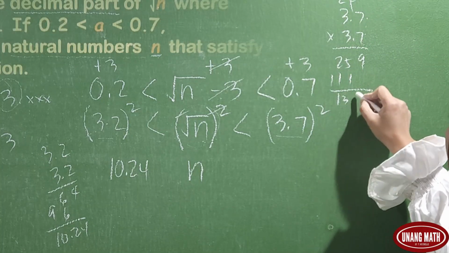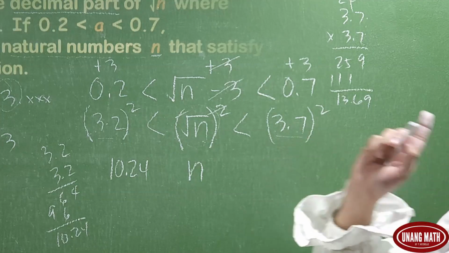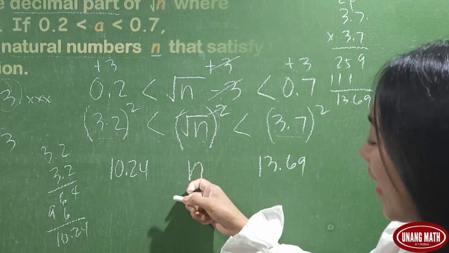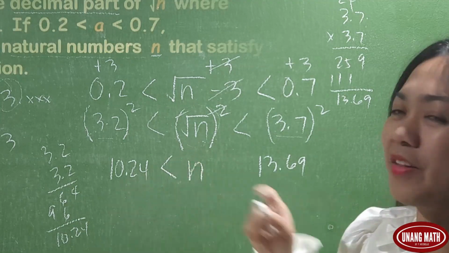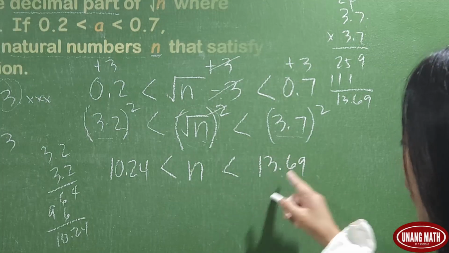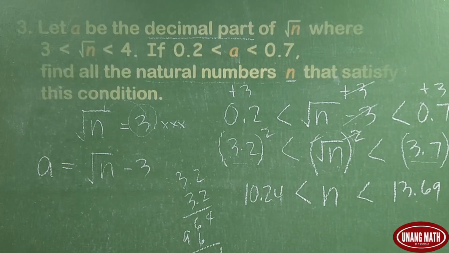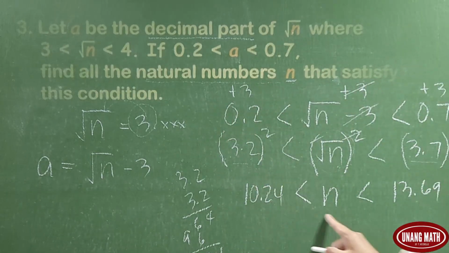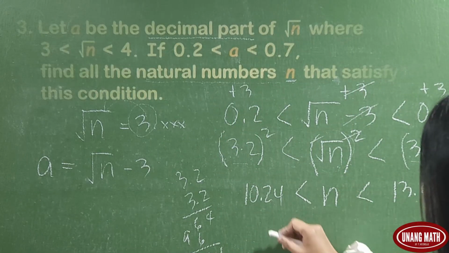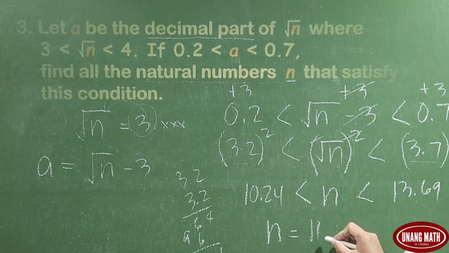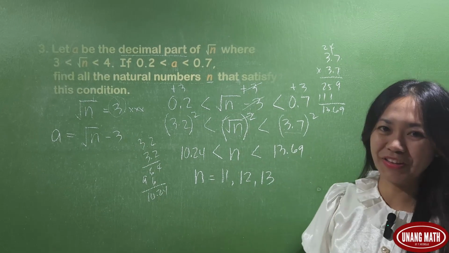So it means 3.7 squared is 13.69. So n is greater than 10.24 but less than 13.69. So, what are the natural numbers that will satisfy this condition? It means n is 11, 12, and 13.